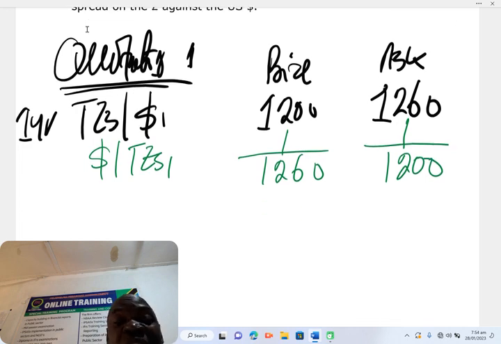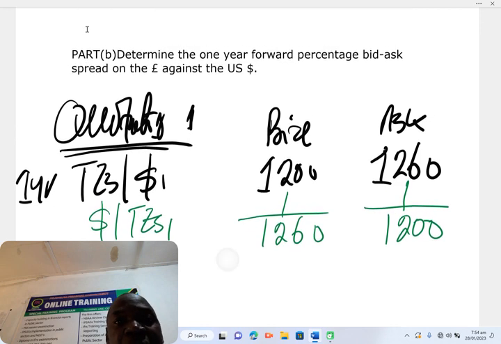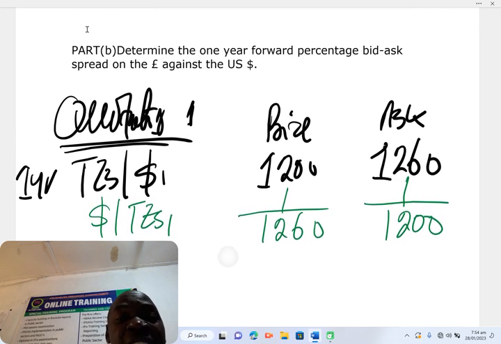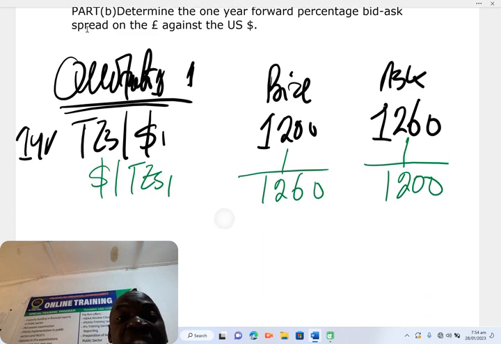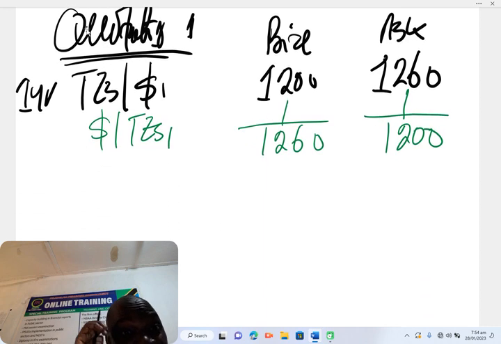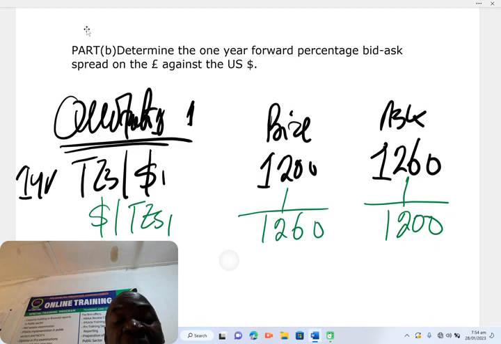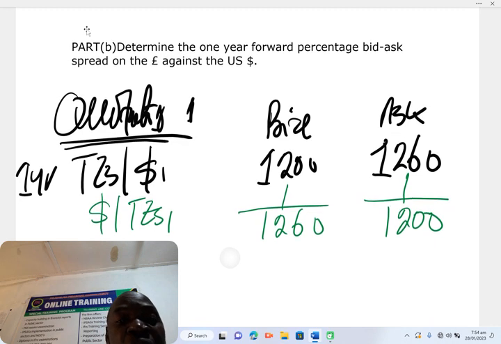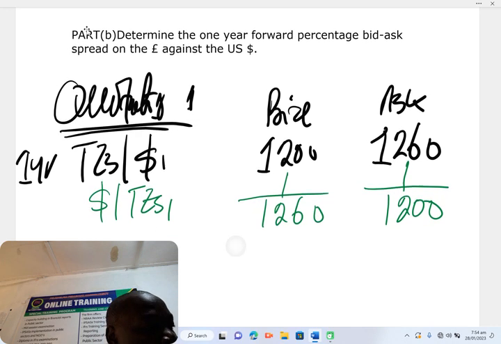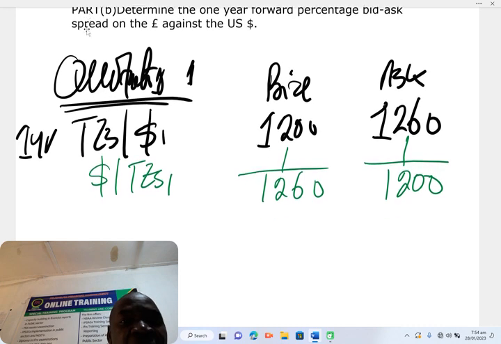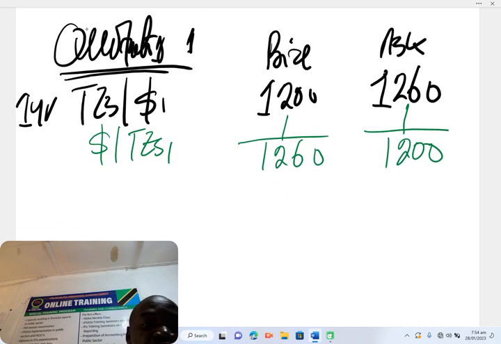In a cross rate now, we need to do what? To go for the pound against TZS, so that we have a common currency, isn't it? Because we are looking for pound against Tanzanian shillings, which doesn't exist. So we have Tanzania against pound, so we need to go for pound against Tanzanian shillings. So quotation 2.